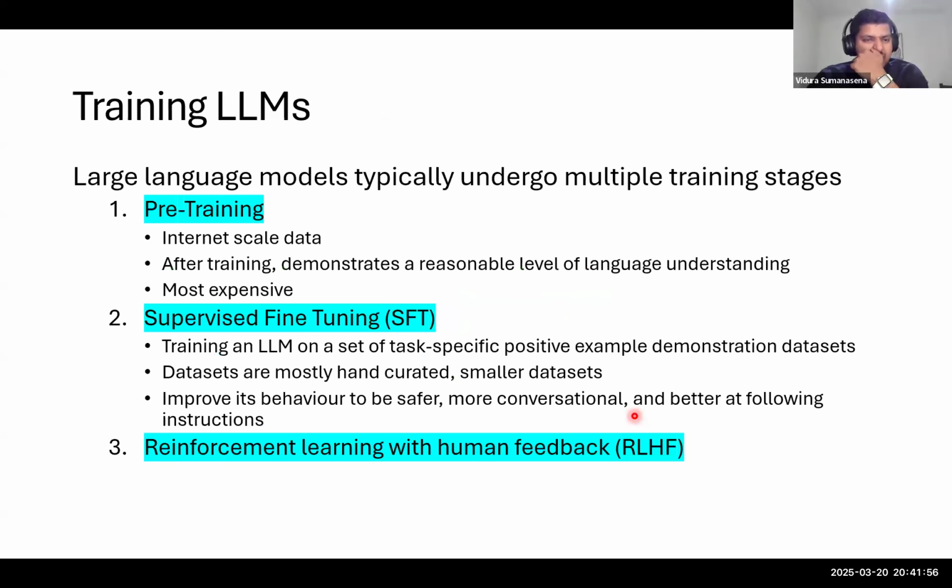All right, so let's quickly look at how training is done on LLMs. The initial phase of training any large language model is pre-training.